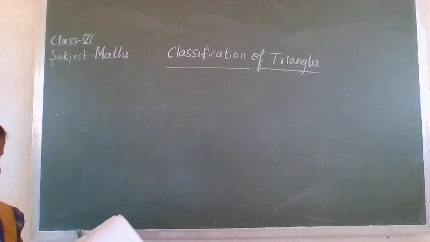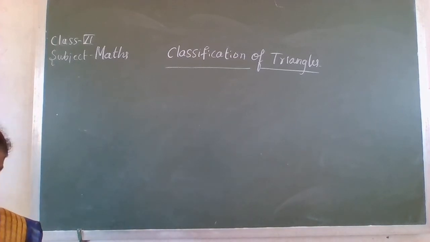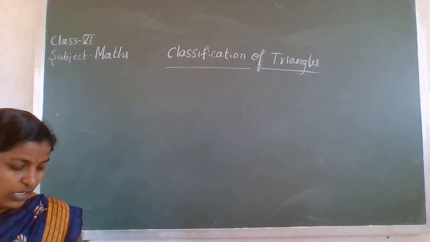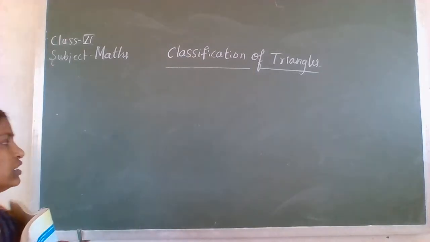Just read the textbook. Do you remember a polygon with the least number of sides? That is a triangle. Let us see the different types of triangles we can get.